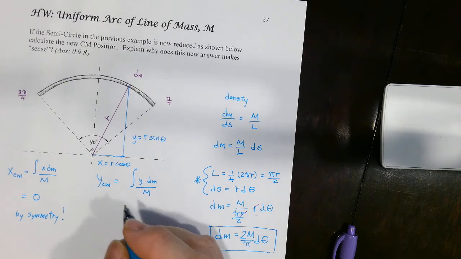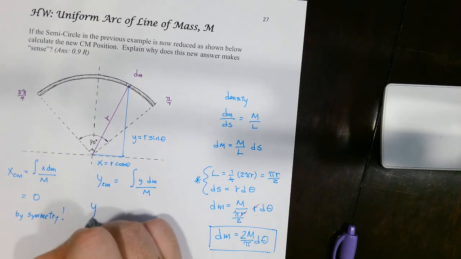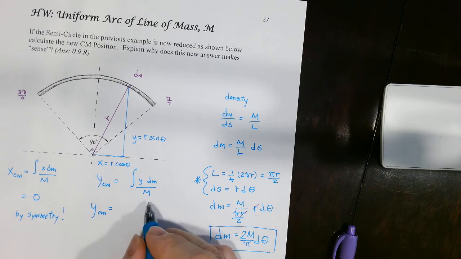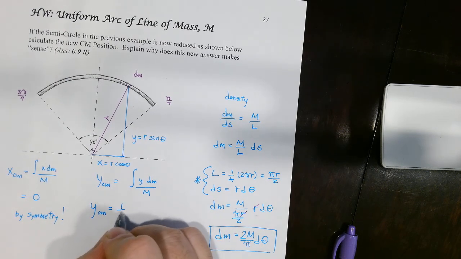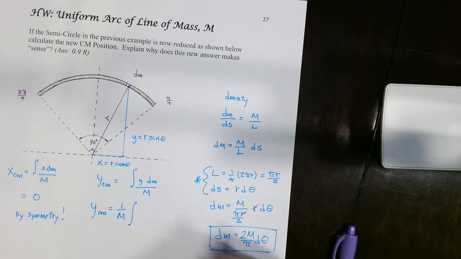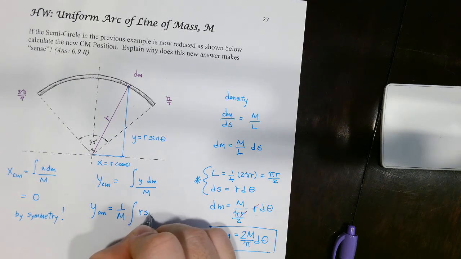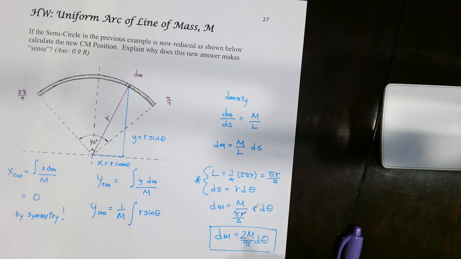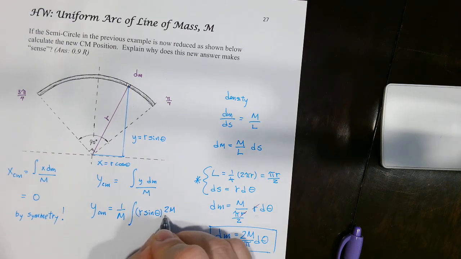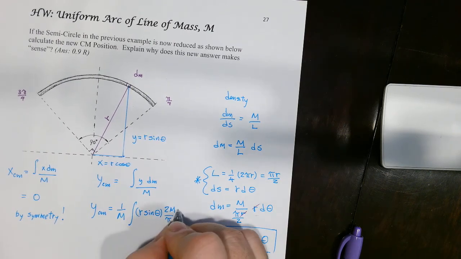So my y sub cm is equal to, I'm going to factor out the m, 1 over m integral of y, which is r sine theta, times dm, which is 2m over pi d theta.